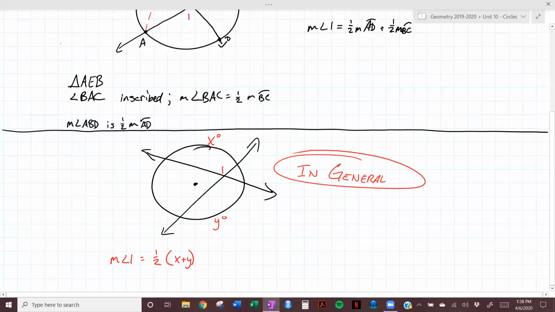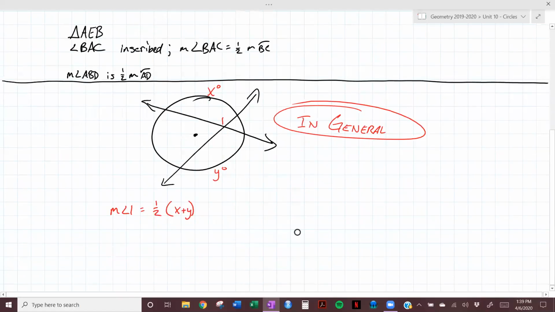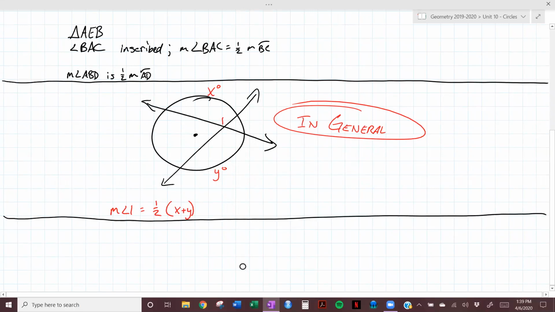Okay, so now I'm going to show you guys a couple of different cases, okay? There are 3 cases, and I'm going to work them out very quickly. Okay, so we have case 1.